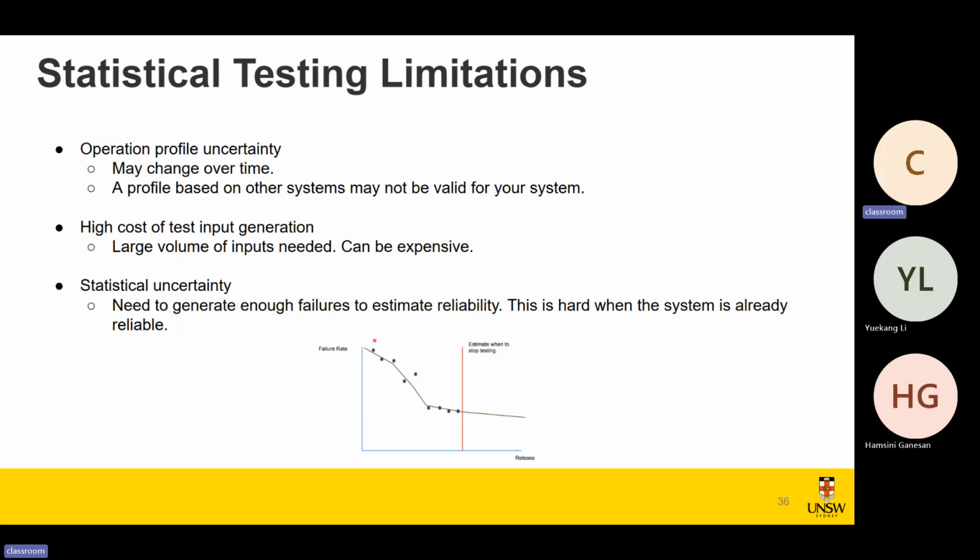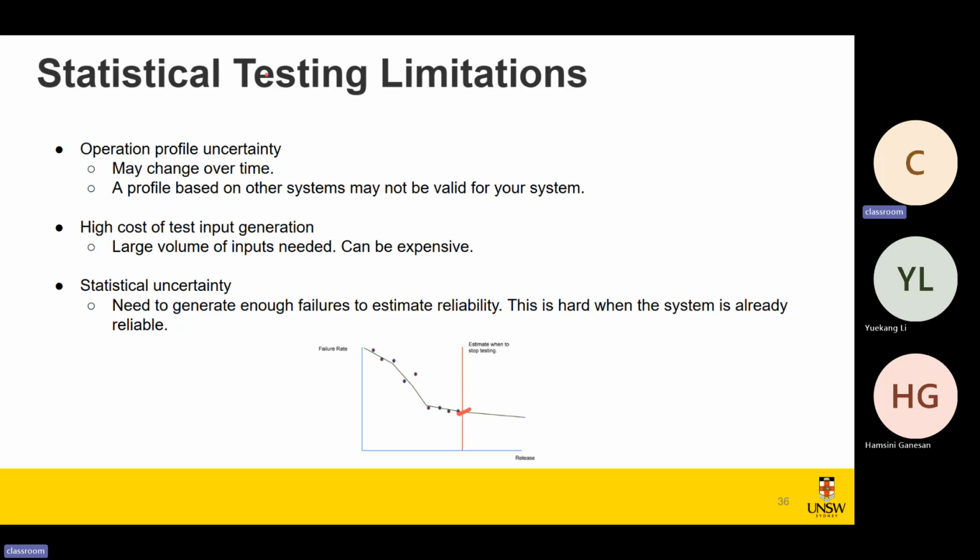However, normally when we do statistical testing and we are improving the systems according to our testing results, the failure rate or the different metric values related to reliability should look like this. So the failure rate should drop, and when we observe the failure rate to be low enough, we can set a stopping point.